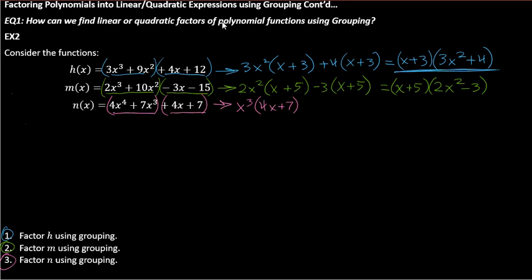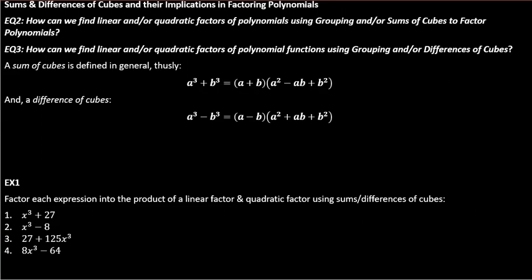GCF on the right is just a plus 1, and that's going to leave me with 4x plus 7. When I factor again, 4x plus 7 is my GCF, and that leaves me with x cubed plus 1. So not really anything new here. Where it starts getting new is when we start applying sums and differences of cubes.